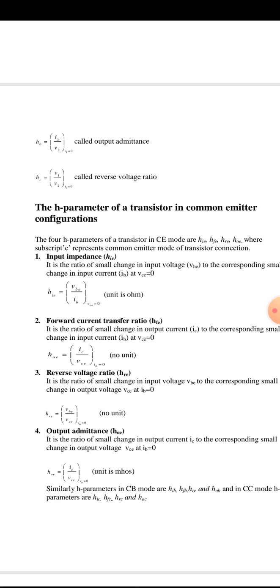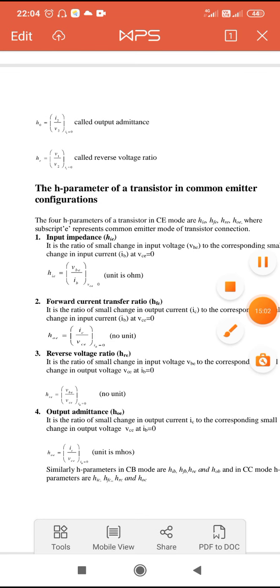Then the fourth parameter, output admittance. Output admittance is the ratio of a small change in output current, denoted by IC in common emitter configuration, to the corresponding small change in output voltage.